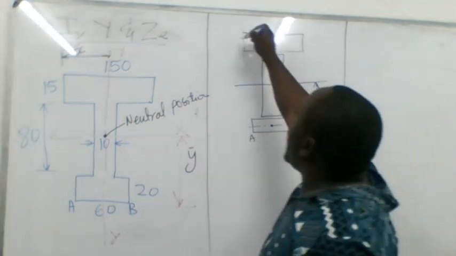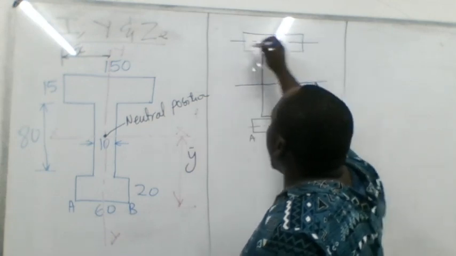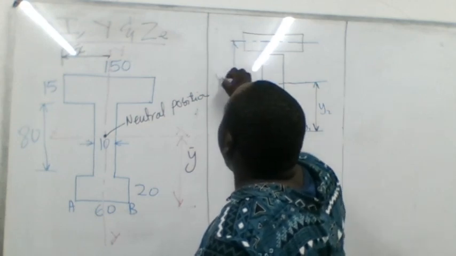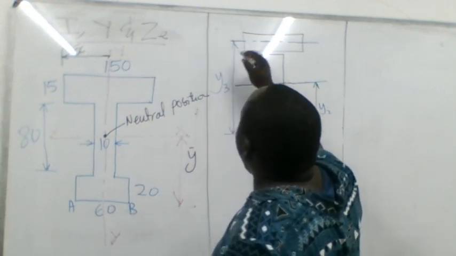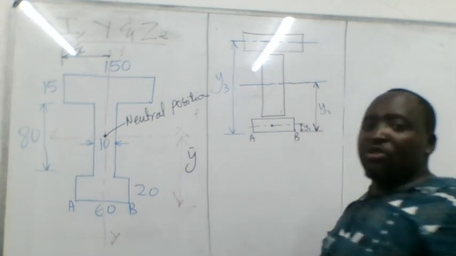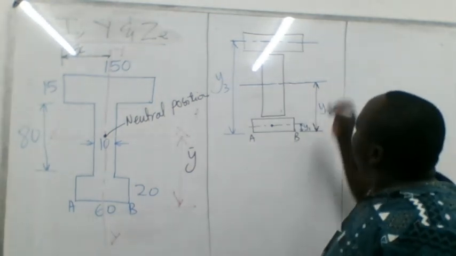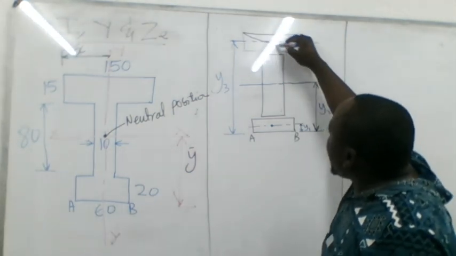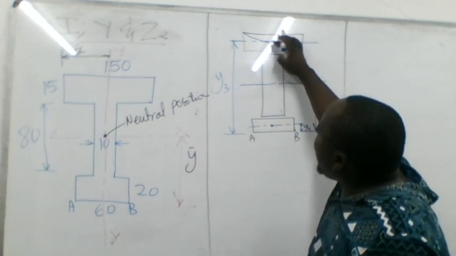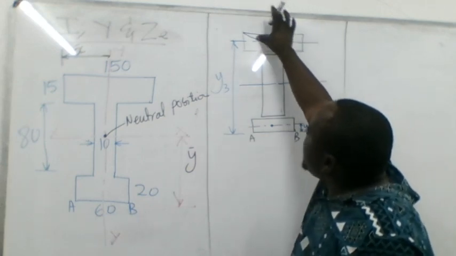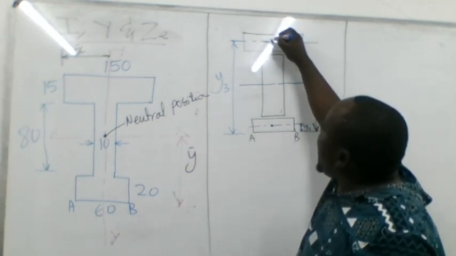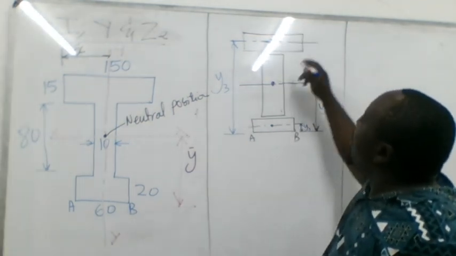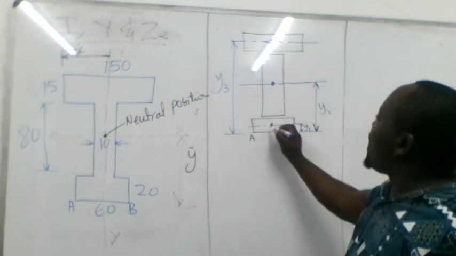And also this one has its central position, Y3. When you draw all these, they are coming from the center of the member. If you draw a cross section, it just increases workload. Just know that this is the center of this member, this is the center of this member, and this is the center of this member.